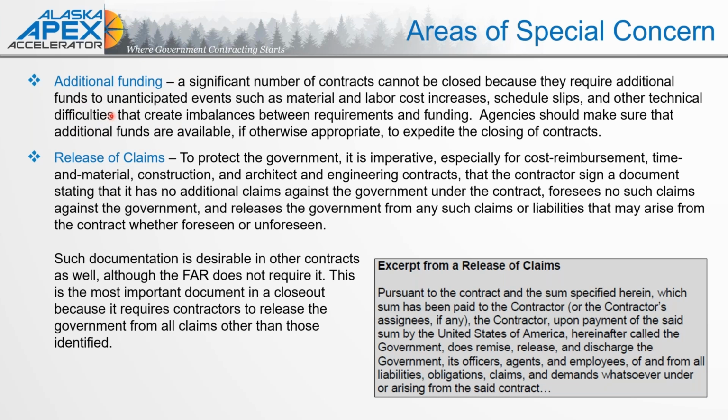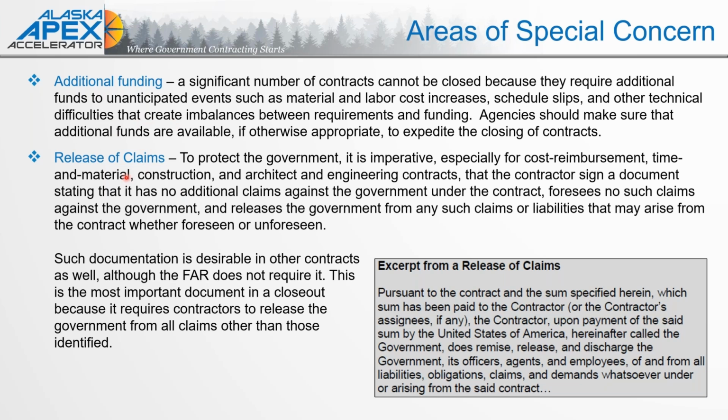If you are moving from option year to option year and you haven't resolved any cost differences from previous years, you want to stay on top of that. This is one area when I had taken this contract closeout class with Management Concepts, that the funding issues and finding those funds were, again, something we spent quite a bit of time talking about.